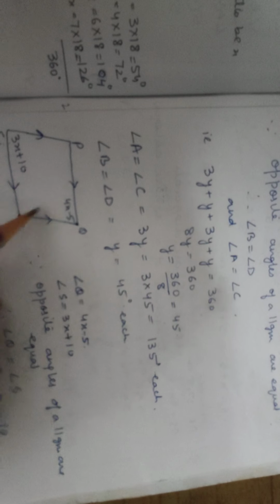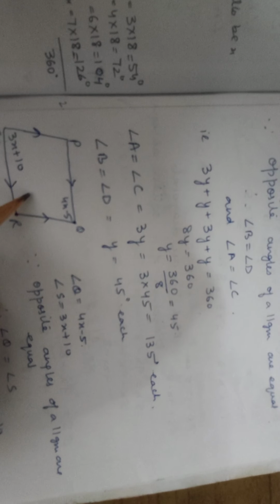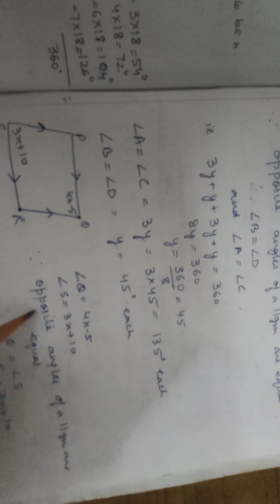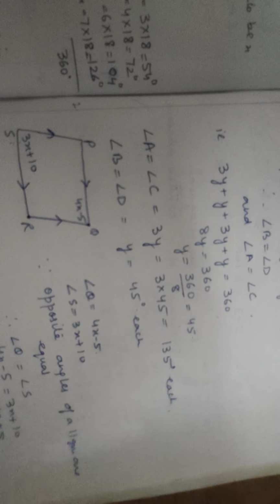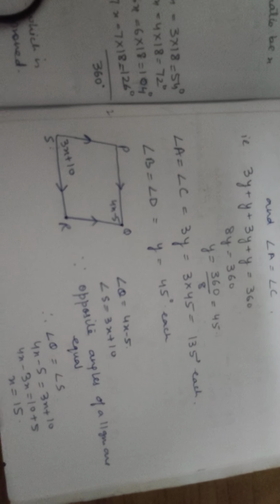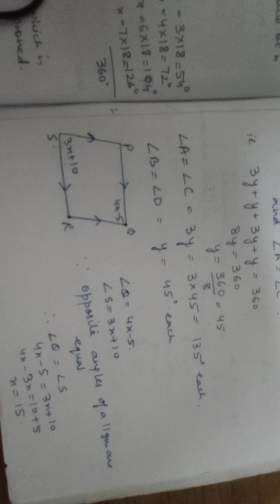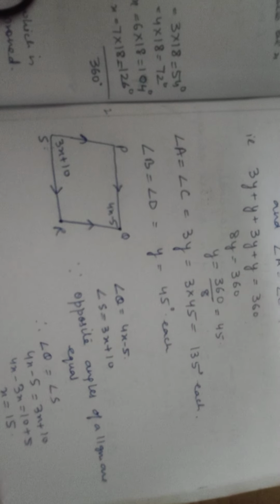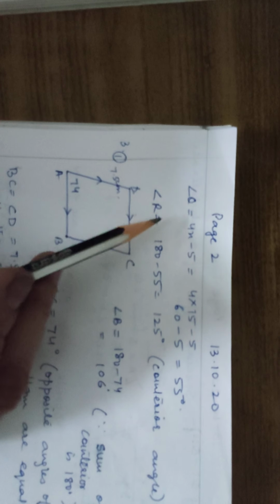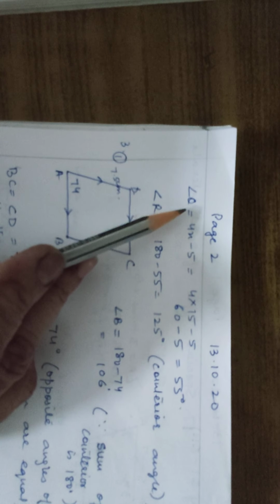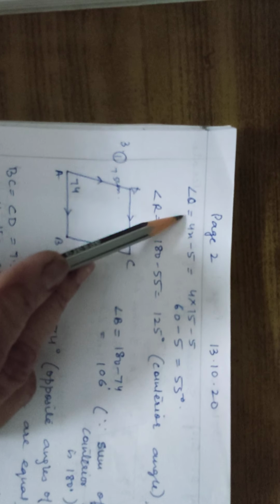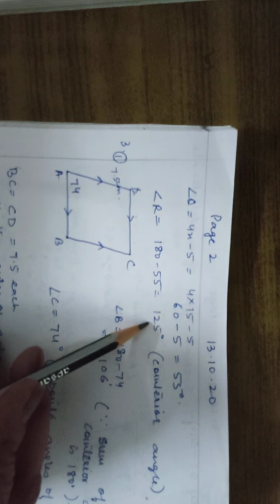Since it is a parallelogram, opposite angles should be equal, therefore angle Q is equal to S. We will equate 4x minus 5 is equal to 3x plus 10 and you get x is equal to 50. Now put the value of x in Q and R to get the value of angle Q and angle R.